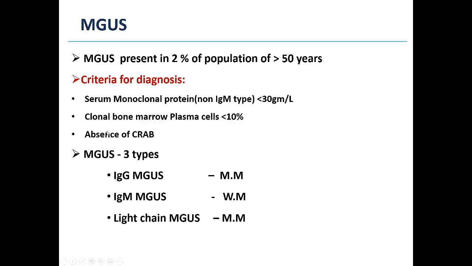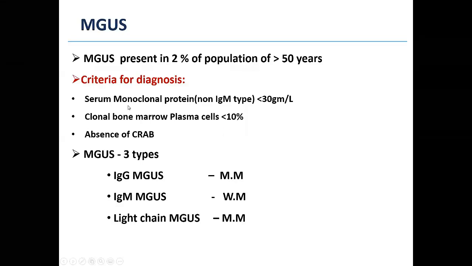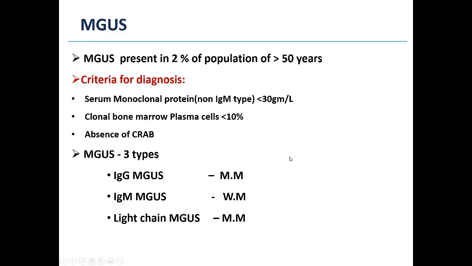So absence of CRAB, because if there is CRAB, it becomes multiple myeloma. Clonal bone marrow plasma cells less than 10%, and serum monoclonal protein less than 30 grams per liter. Now these are the important 3 criteria for diagnosis of MGUS.